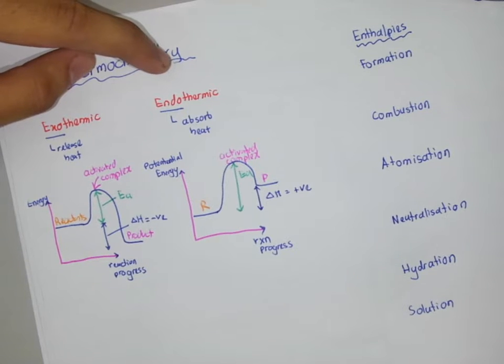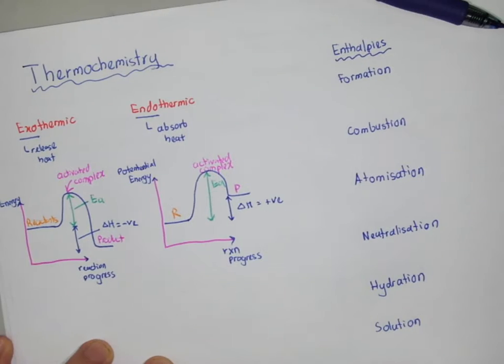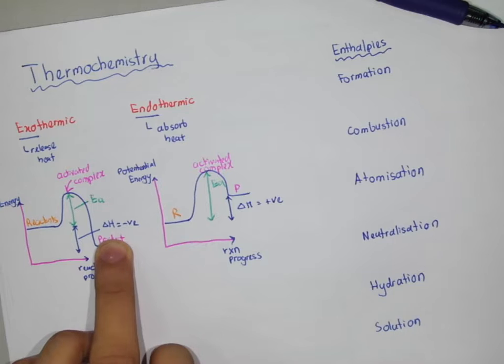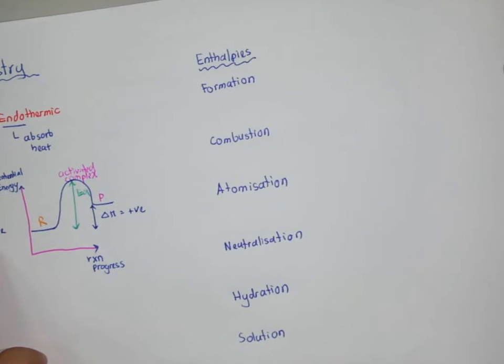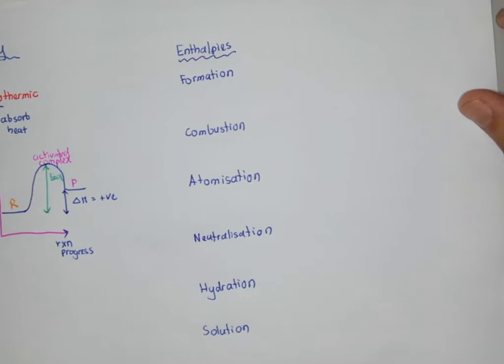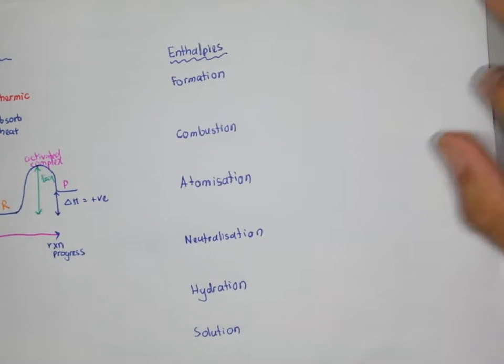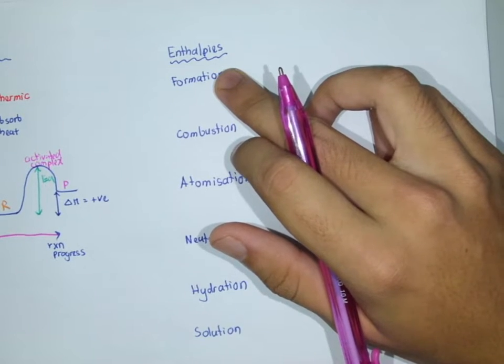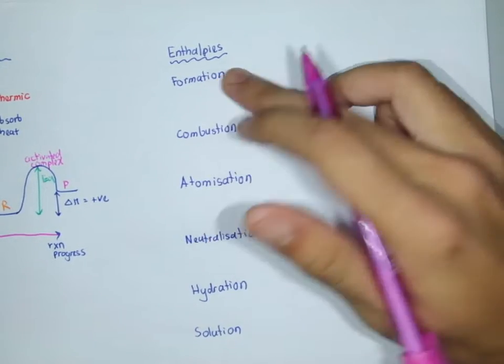So now we will look at the enthalpies, which is the delta H. What is all of the delta H? You have to know this delta H, you have to know 6 and you have to remember the definition. In here I just put enthalpies, but selalunya soalan akan tanya standard enthalpies lah.